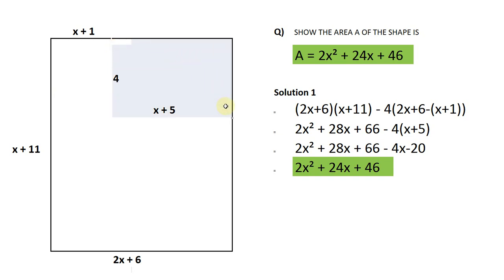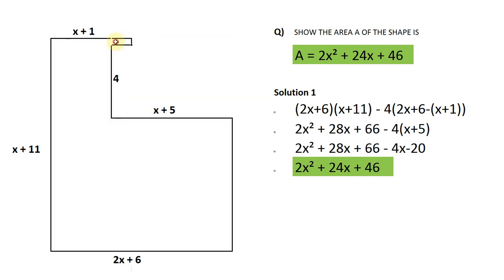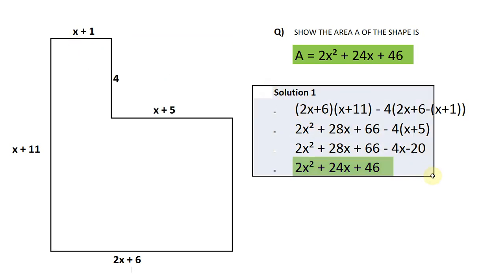So I've excluded the bit in blue. So we need to find the whole shape. So let me highlight the whole shape. So this is the whole shape. We're going to find the area of that, and then we're going to take off this little bit here. So that's basically what this algebra on the right is doing, this bit here.